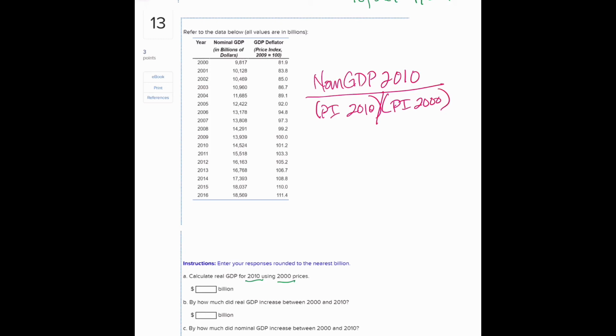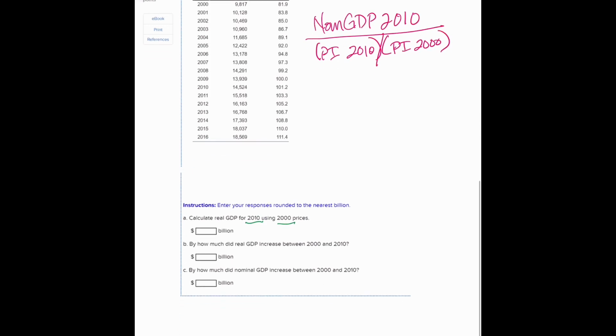And you'll run those values, you'll get this value here, the real GDP.